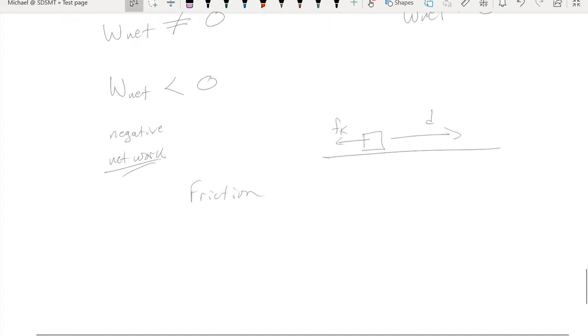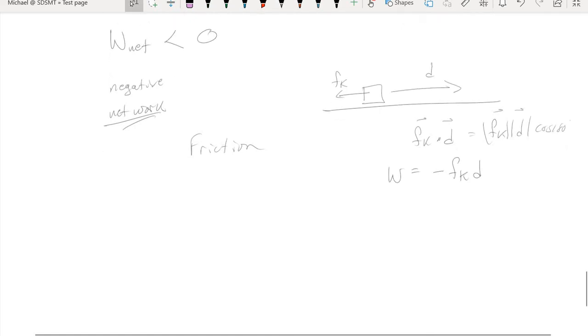If you allow friction to work over that displacement, regardless of the displacement or the magnitude of the friction force, the angle relationship between the vectors is 180 degrees. That cosine 180 results in a minus, and so negative work is done as that box slides to the right.